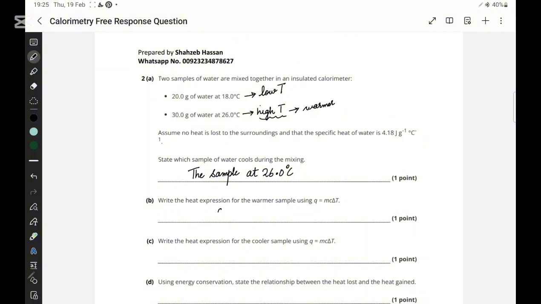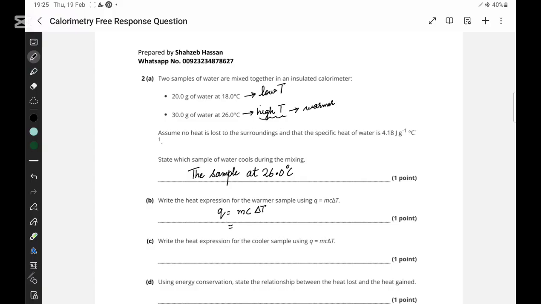The expression is Q is equal to mc delta T, where delta T represents the change in temperature from initial to final temperature.